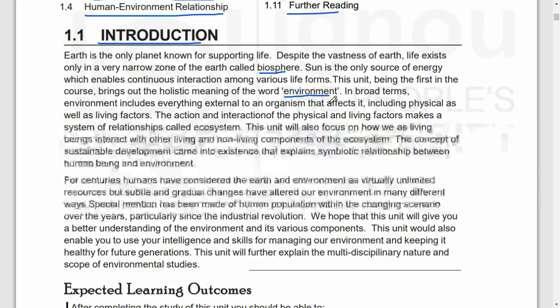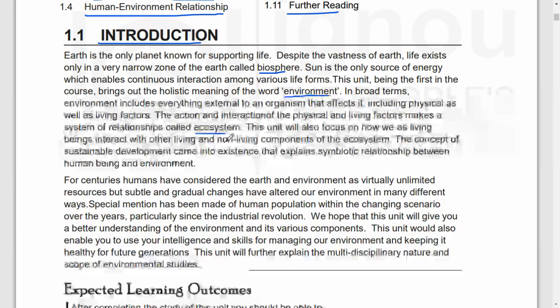In broad terms, environment includes everything external to an organism that affects it, including physical as well as living factors. The action and the interaction of the physical and living factors makes a system of relationship called ecosystem.